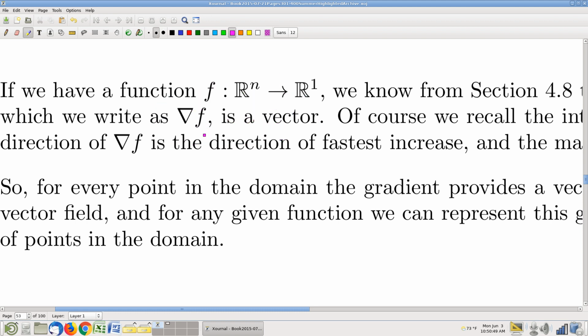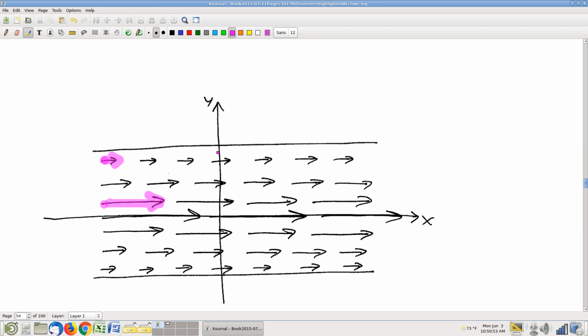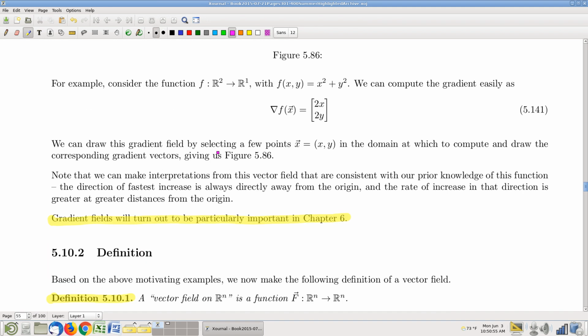In fact, gradients are vector fields. For example, look at that function right there. Familiar? I think we may have studied this exact function. Real valued function of two variables, x and y. There's our formula. The gradient we know how to compute, and here it is. A couple of partial derivatives, no big deal.